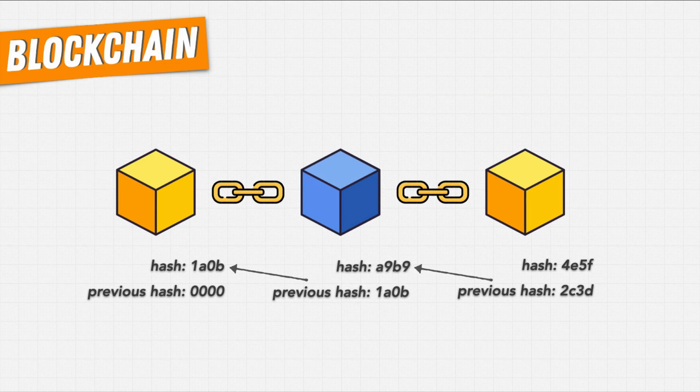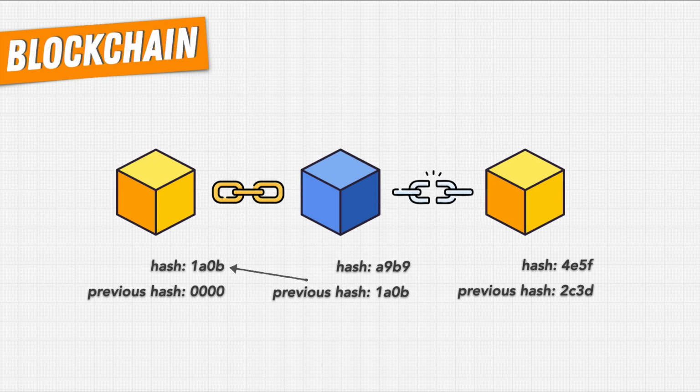Now, the link with all of the later blocks will be broken because the previous hash no longer matches the hash of the hacked block. The consequence of tampering with just one block means that all of the blocks after it are invalid. The chain has been broken.